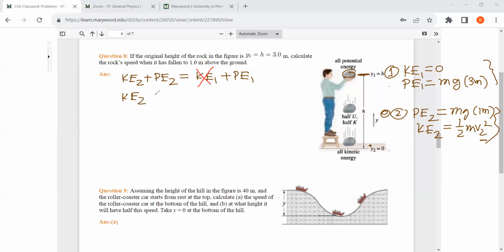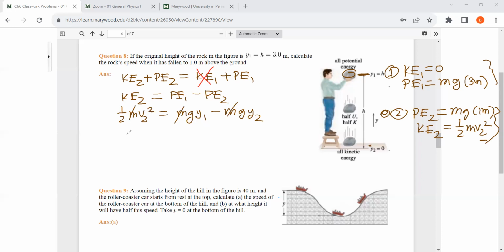Kinetic energy 2 equals potential energy 1 minus potential energy 2. So it is half m v2 square, and PE1 is mgy1, and it is mgy2. You see that m is common in all the terms, so I can cancel m.